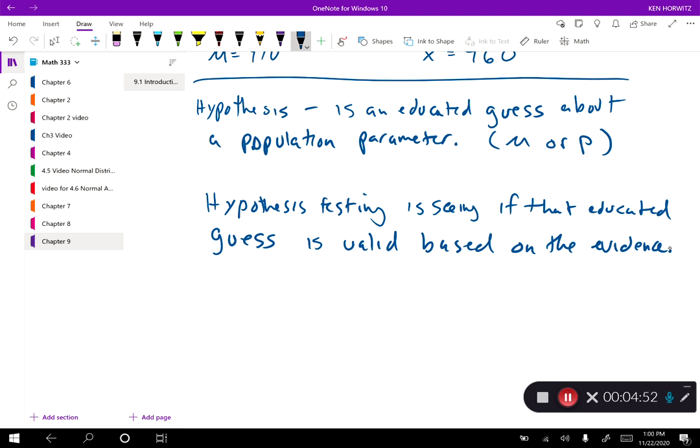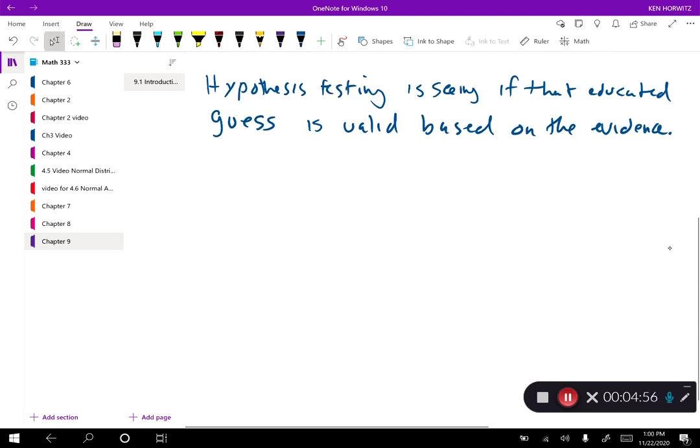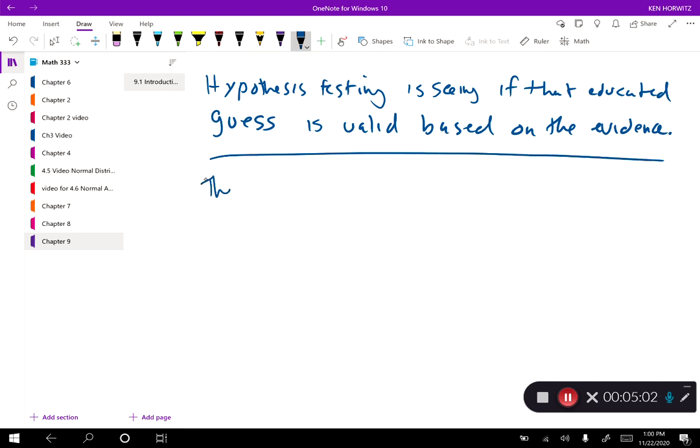All right, in any example, we'll be working with 2 potential hypotheses. All right, the first is the null hypothesis, which is denoted as H sub 0.